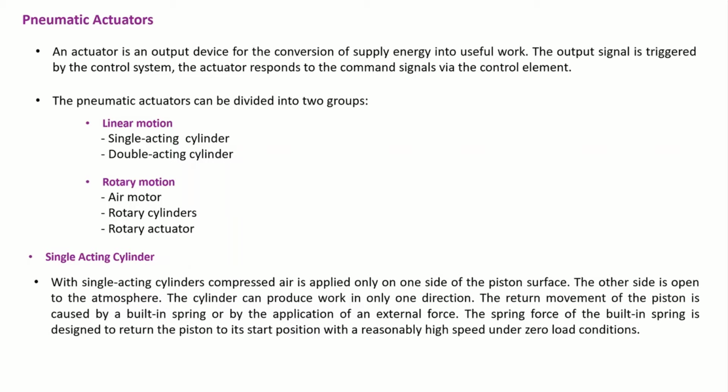So we have the signaling elements, we have the controlling element, and at the end we have the actuators. We have different forms of actuators, and we can divide them into two different groups: one is linear motion and the other is rotary motion. The focus of this series is mainly single and double acting cylinder.